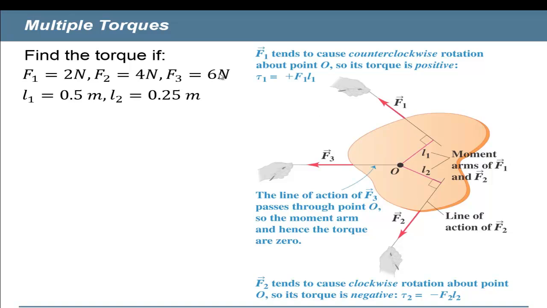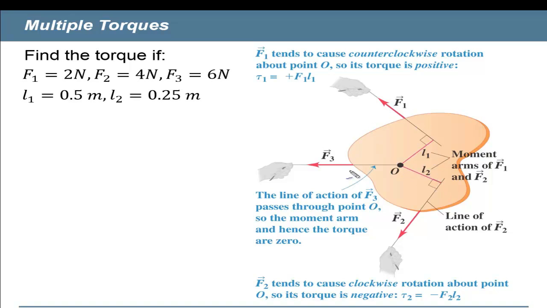So let's do a little example here and find out what the torque would be if we have F1, force 1, equal to 2 newtons, F2 equal to 4 newtons, F3 equal to 6 newtons. L1, moment arm 1, is a half meter, and moment arm 2 is 0.25 meters.